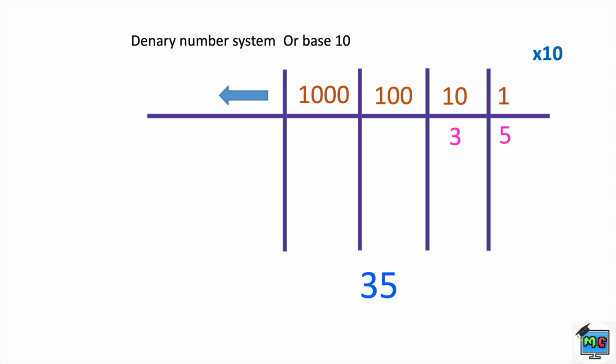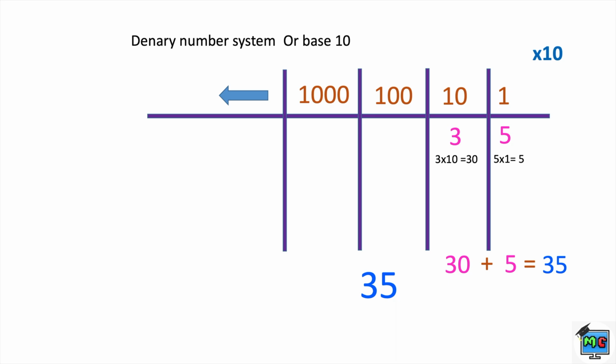In other words, 3 lots of 10 makes 30. 5 lots of 1 is 5. 30 plus 5 is 35. This is why we say this number is 35. It's to do with the place values, multiples of 10. Does everyone understand that?